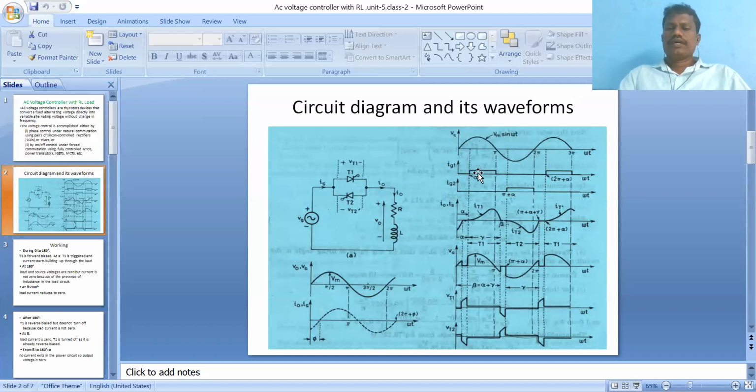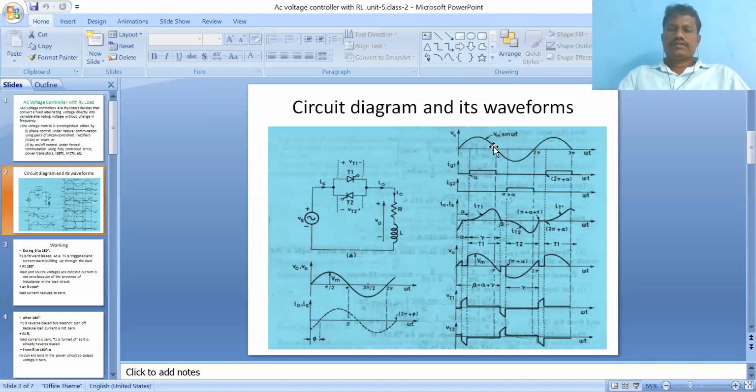So IG1 represents only the past half cycles and IG2 only the negative half cycles. Then we have the supply and load current waveforms and the output voltage waveforms. VT1 is the voltage across thyristor T1 and VT2 is the voltage across thyristor T2. Clear? These are the waveforms.